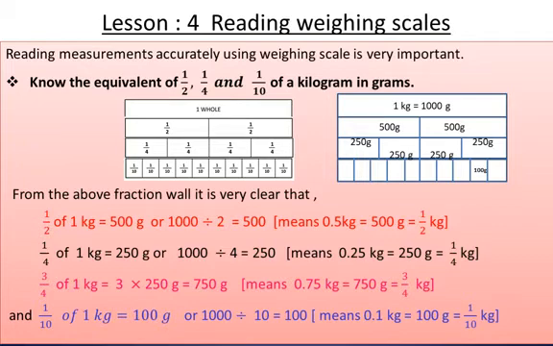So this is also one method, and you can follow this method or the fraction wall method. What is half of 1 kilo? That is 500 gram. We can write it as a decimal, 0.5 kg. So three ways we are writing it: 0.5 kg is equal to 500 gram, and it is also equal to half kg.